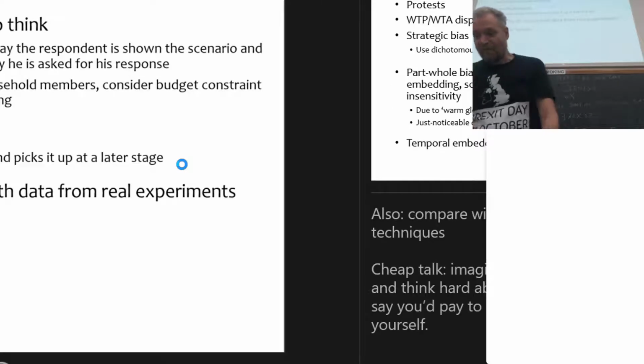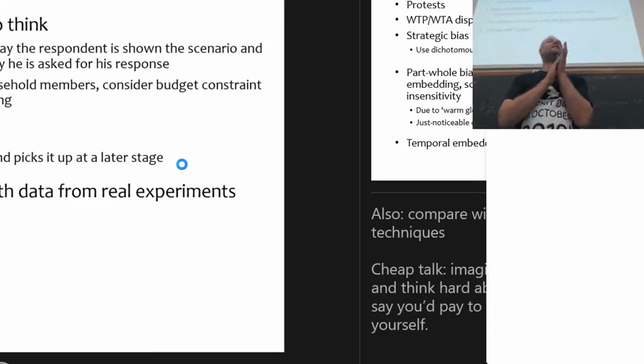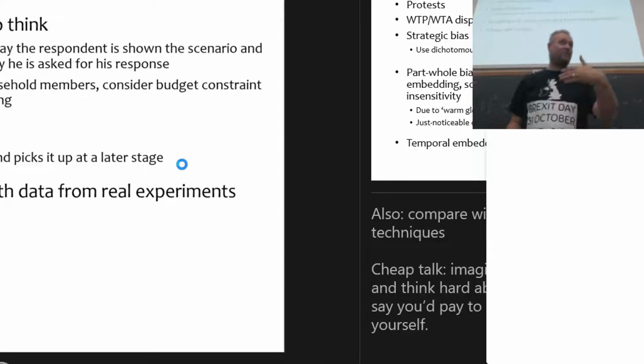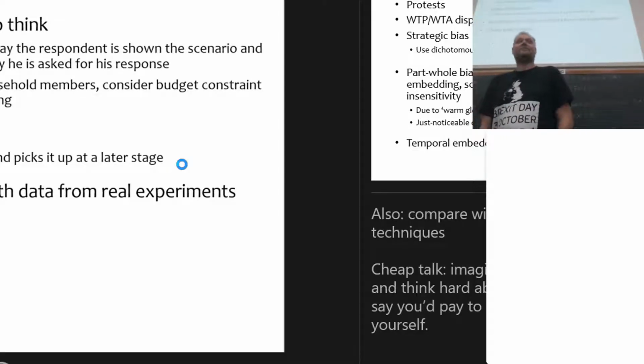So part of the problem is that you're asking people an unfamiliar question. It's not unfamiliar that you're being asked to pay for something. We all have lots of experience with that. But you're being asked to pay for something strange. A question you may ask is, how much are you willing to pay to help preserve the blue-cheeked monkey?